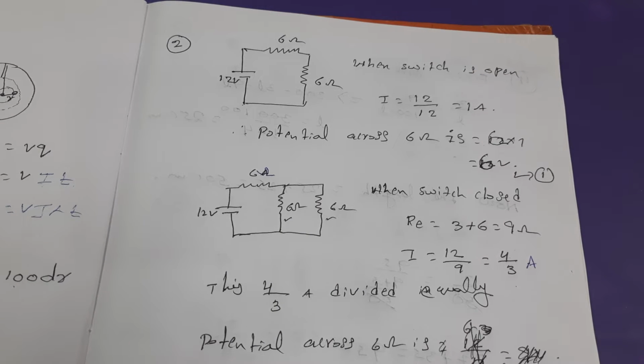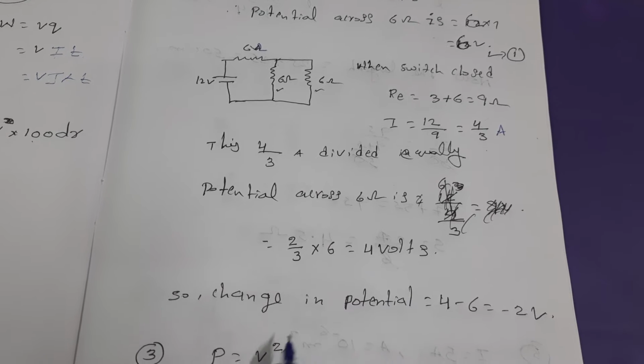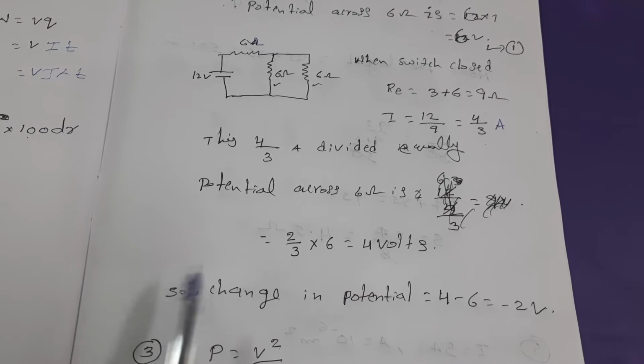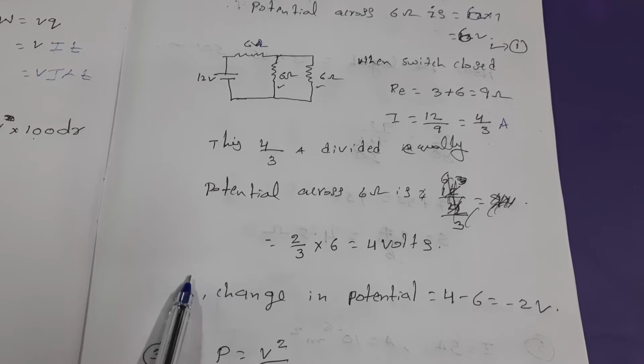I into R from Ohm's law, 2 by 3 into 6, you are getting 4 volts. But the change in potential means we have to take 4 minus 6, which is minus 2 volts. So our answer is minus 2 volts.